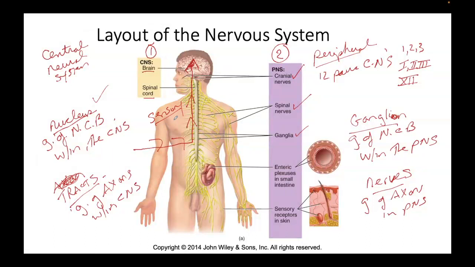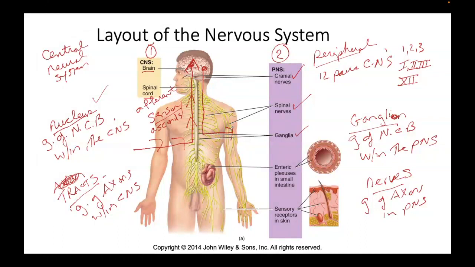Because the information is going upward, we say that it ascends. And we also refer to that as afferent information. A-F-F-E-R-E-N-T, afferent information.